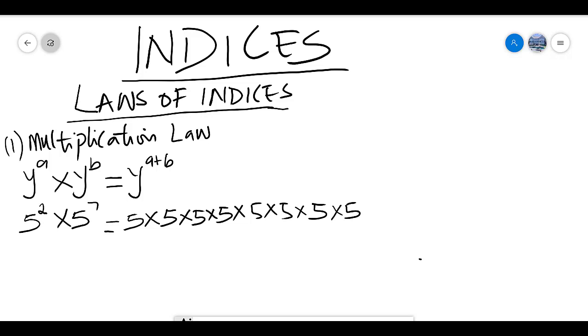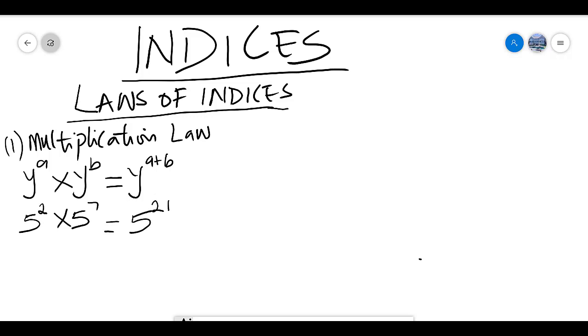That's why this law is there for you to navigate. Now, you don't need to do all of this. What you simply do is to pick the base that they are sharing and then add the index. And so what you have is 5 raised to power 9. So this is what we know as the multiplication law.